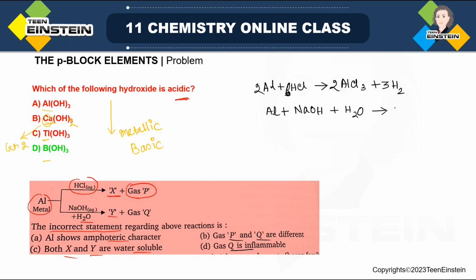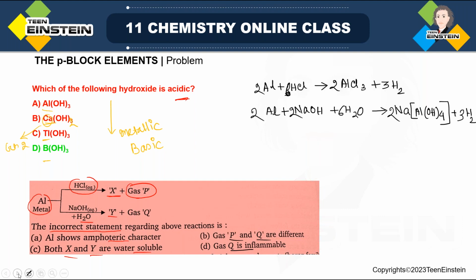There is formation of, you can check this reaction once more in the properties part, Al with 4 OH minus, that means there will be a negative charge outside the third bracket moiety, and that is balanced by a sodium plus ion. Here also hydrogen is produced. If I balance it, it will be 2, 2, 6, and 3, though balancing is not required, but I'm just doing it.